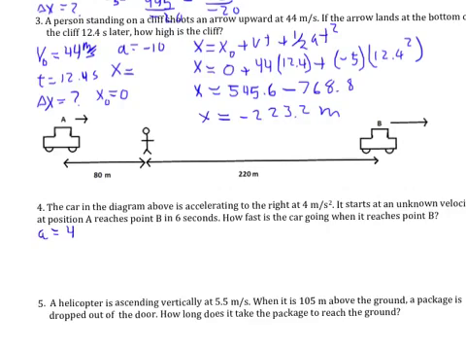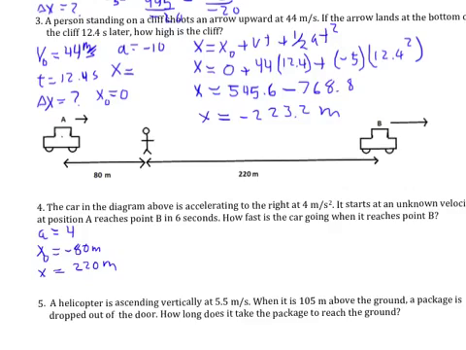What I do know is that position A, which is here, we'll say x naught. If this is the person, we're going to the left, so we're going to make x naught equal to negative 80 meters, and we'll let x, the final position, equal positive 220 meters.